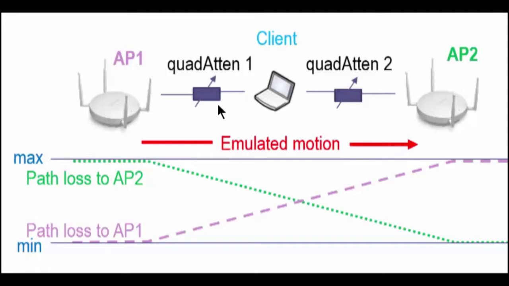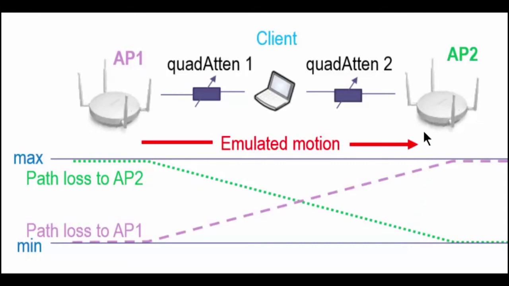Initially, Quad-10-1 is set to a minimum value and Quad-10-2 to a maximum value to encourage the client to associate with access point 1. As Quad-10-1 is increased and Quad-10-2 is simultaneously decreased, the path loss between the client and access point 1 increases, and the data rate of the client to access point 1 link will transition to a lower rate.